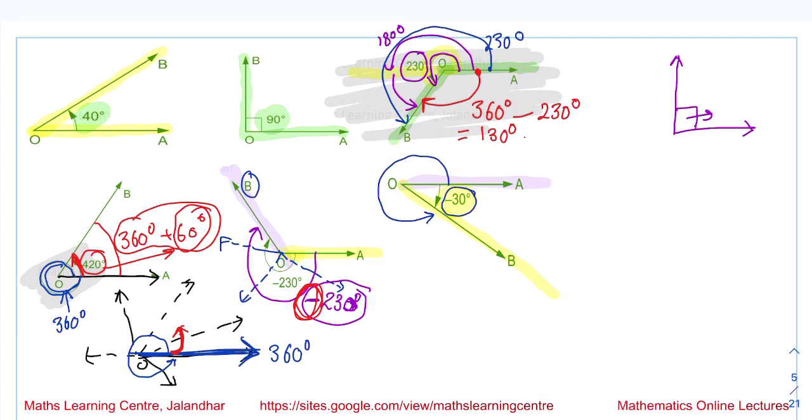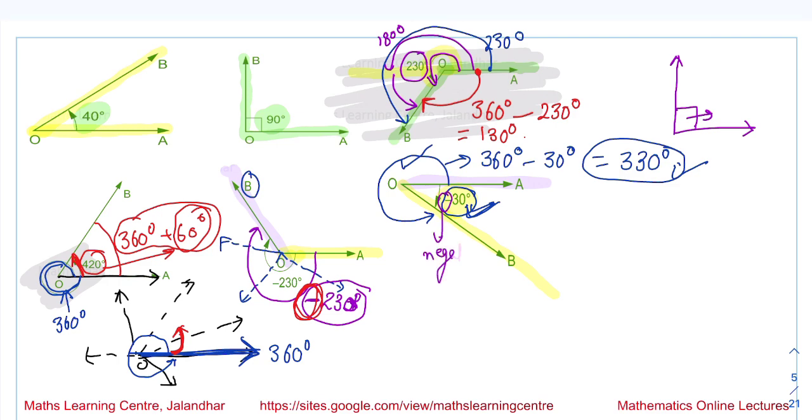If we measure this angle in the anti-clockwise direction, the angle we will have is 360 minus 30 degrees, that is equal to 330 degrees. So when we are taking the rotation in the anti-clockwise direction, the angle is positive. When we are measuring the angle in the clockwise direction, we have the negative sign over here. This is negative because we have measured the angle in the clockwise direction.